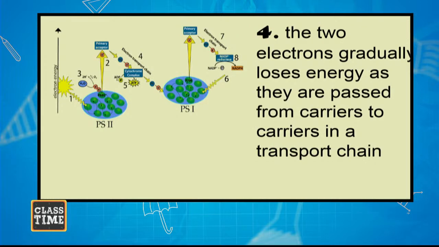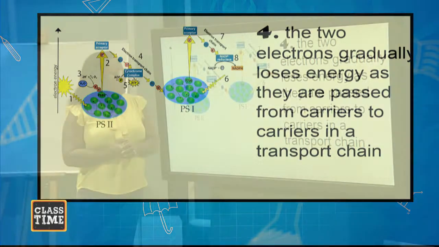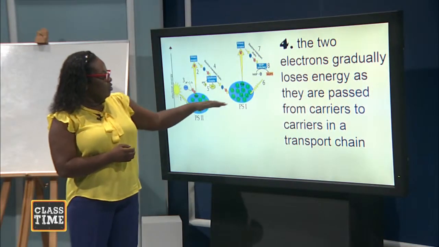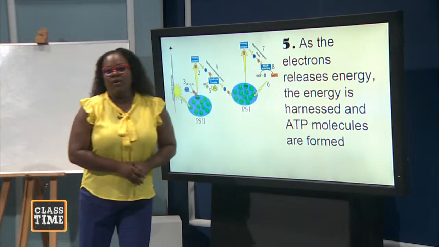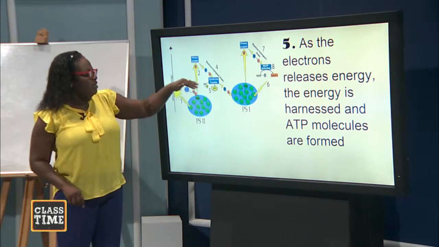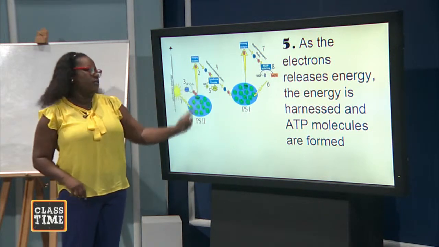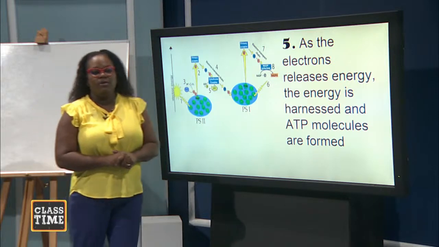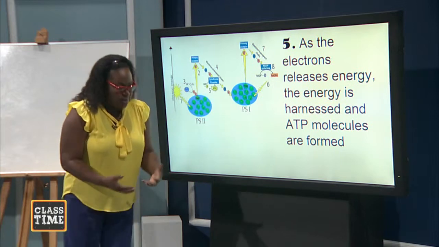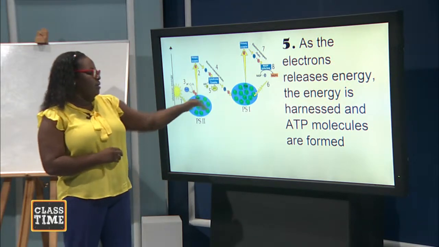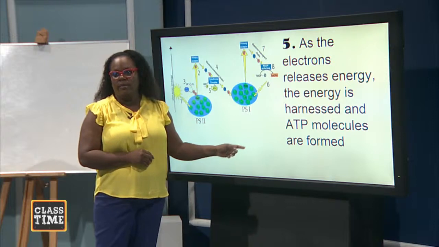Now, the electrons that left PS2 are carried along a series of electron transport, eventually going towards PS1. During that transportation of the 2 electrons, ATP molecules will be made from the energy that is released as the electrons make their way towards PS1.